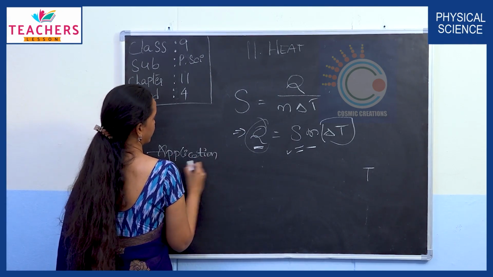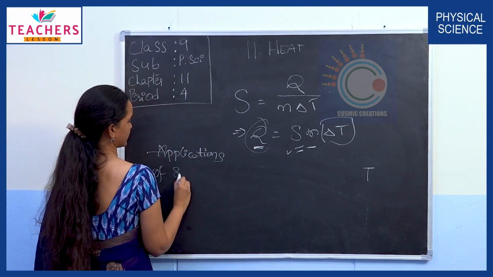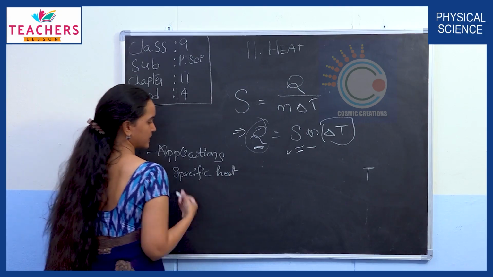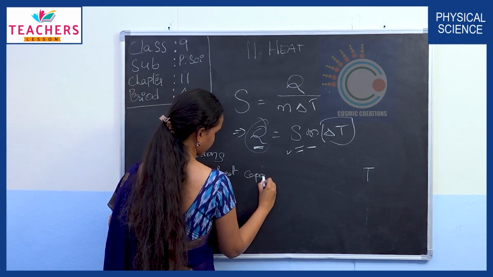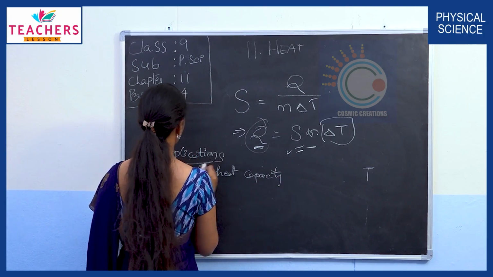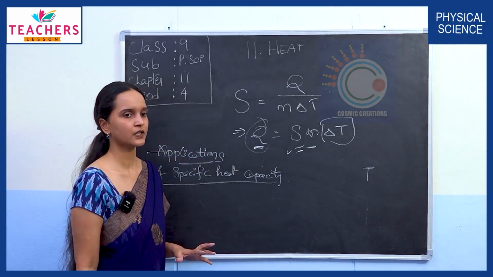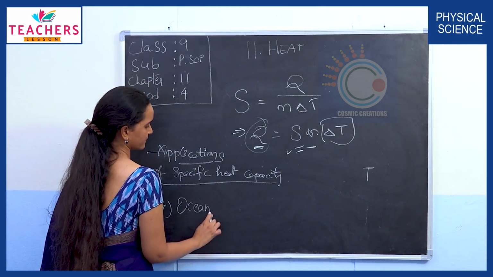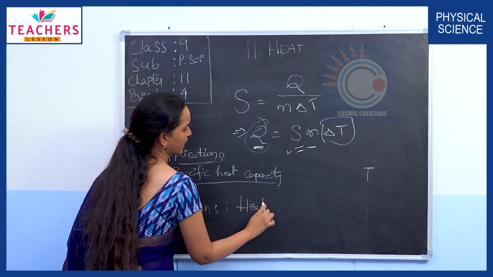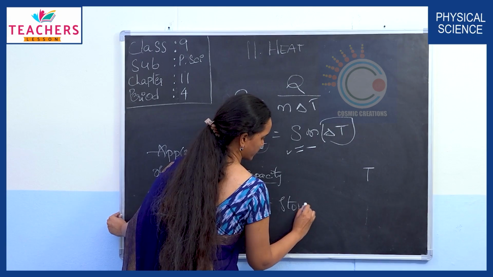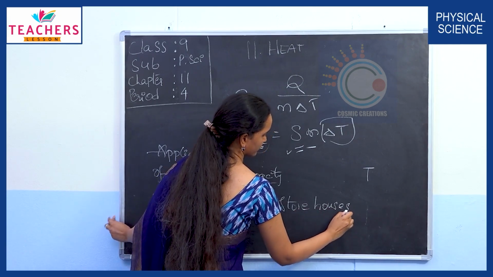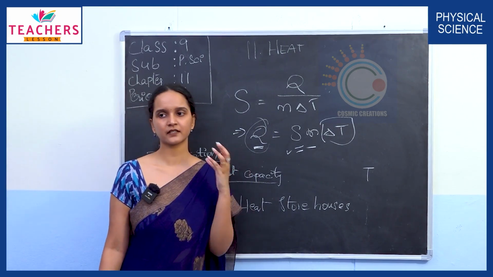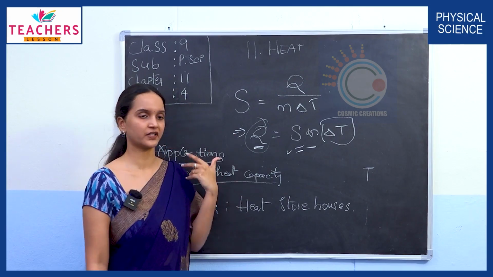Let's now look at applications of specific heat, or where this concept can be seen. Oceans are called storehouses of heat, or heat storehouses. Why is that? Water has a great specific heat capacity.